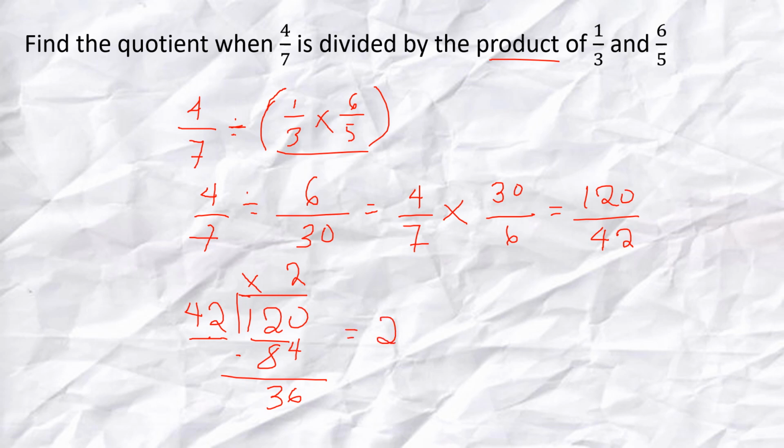Now we have 2 whole and 36 over 42. Simplify 36 over 42 using the GCF 6. 36 divided by 6 is 6. 42 divided by 6 is 7. And then do not forget your whole number, which is 2. The final answer is 2 whole and 6/7.